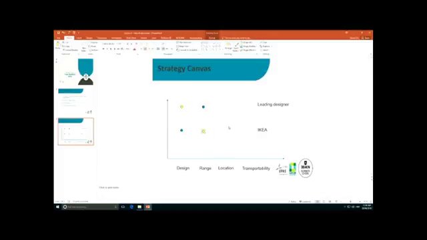Okay, location, probably the same. They've probably both got premium locations, because you can't be a leading designer in a boring location. Maybe they're slightly below. Maybe the leading designer can afford it. And transportability, IKEA is high, and the leading designer is low.